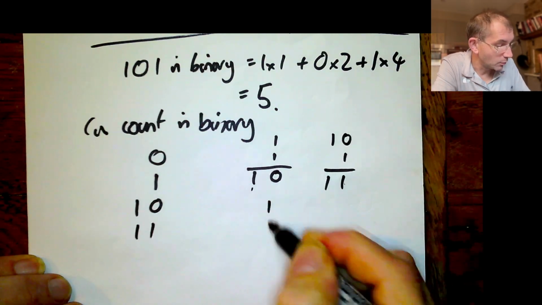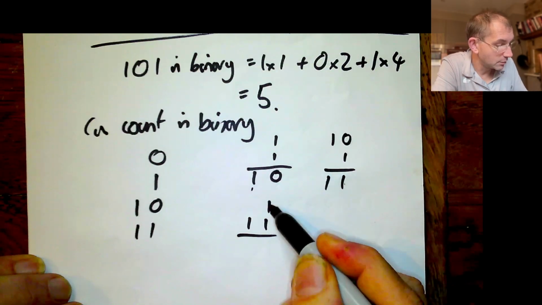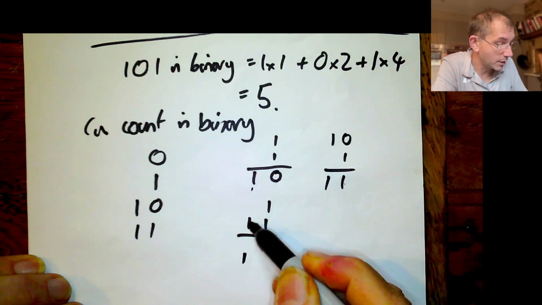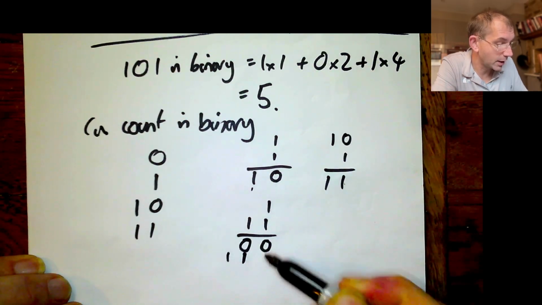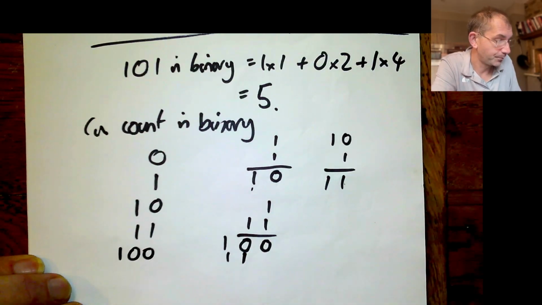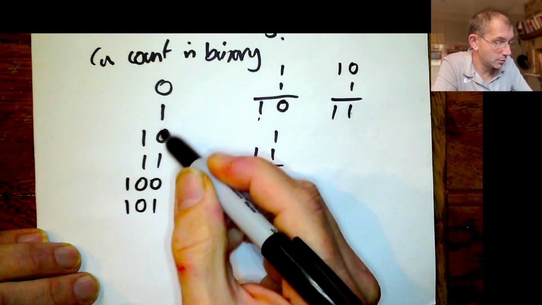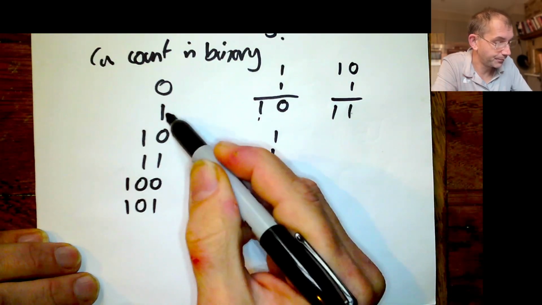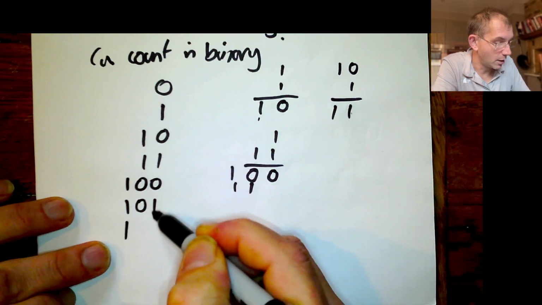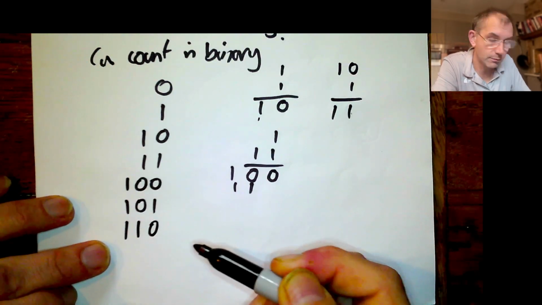Let's do the next one. If I add 1 to this, I'm going to get 1 plus 1 is again 0. I have to carry a 1, and now 1 plus 1 is 0, and I carry a 1, and then I get a 1. And you just keep going like this. So you're copying basically what you did already. We've got 0, we've got 1, and then when we add 1 to this, we carry a 1, and we get 1, 1, 0.